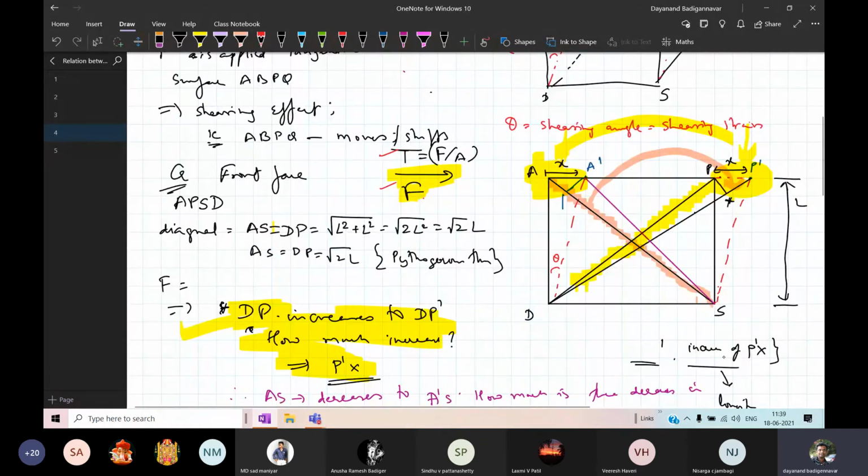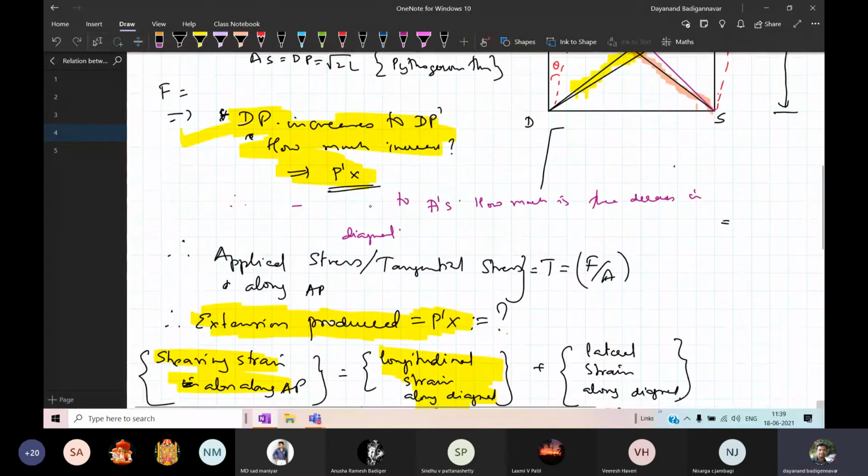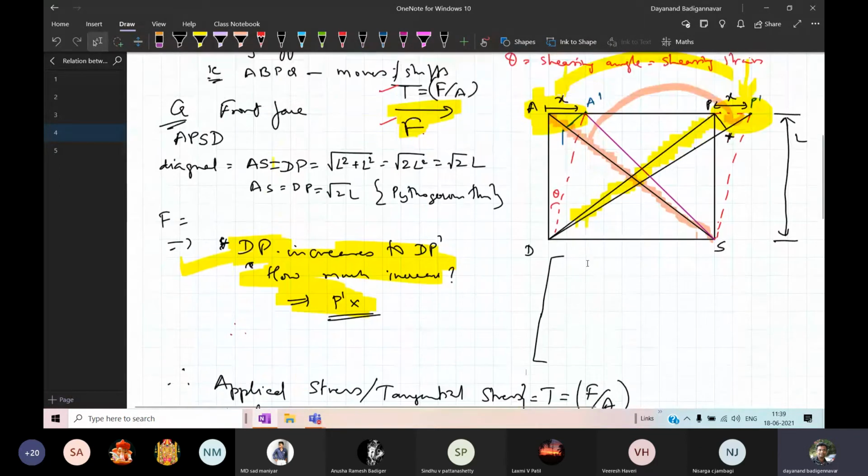I will erase this. I'll erase this one also, not necessary for this part. Okay, if you have done this, it's over. Now just look here: consider the diagonal dp. This is the original length.